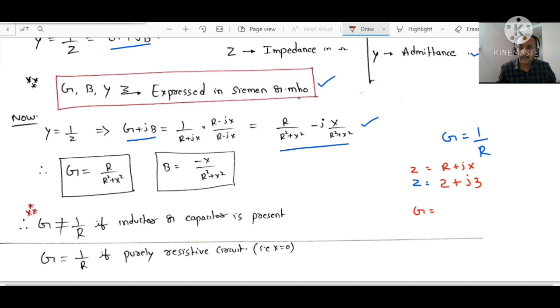If I ask G, they will think that G equal to 1 by R, and they will immediately tell the answer, this is 1 by 2, 0.5.